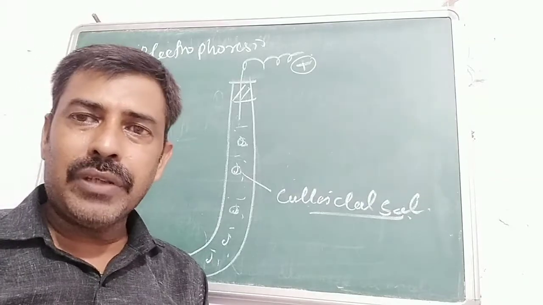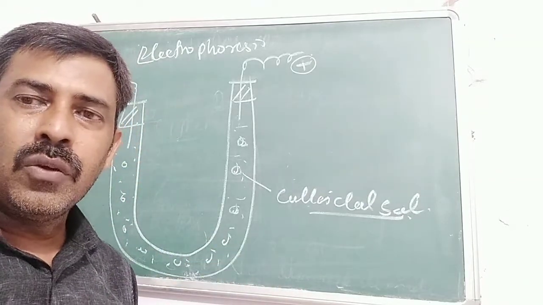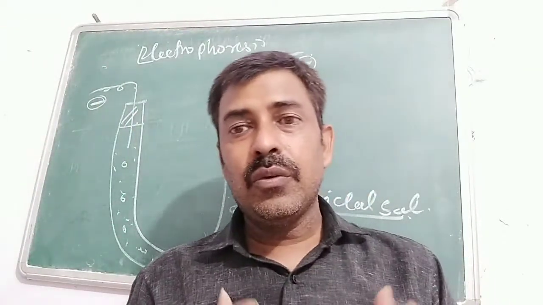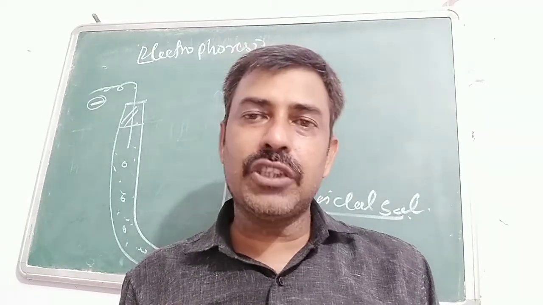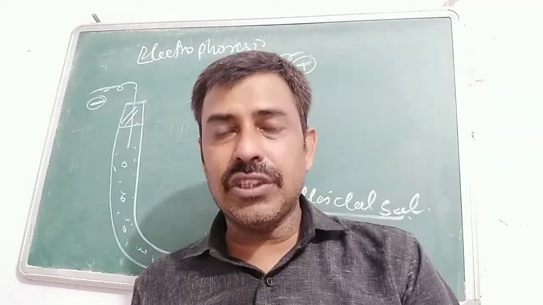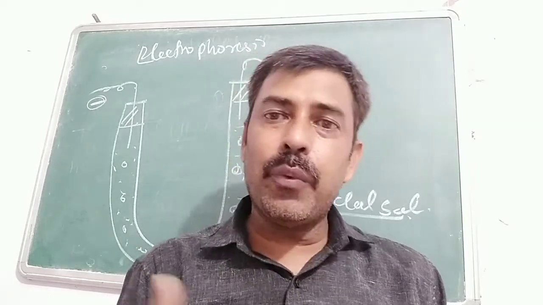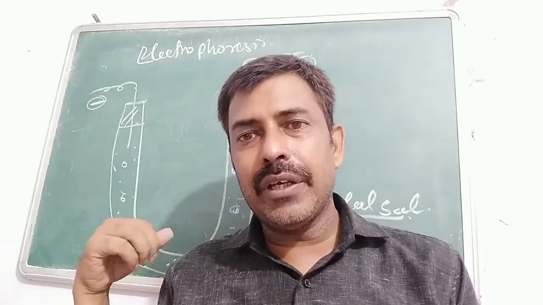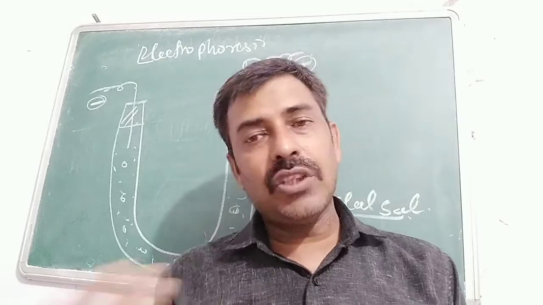What actually happens when you provide the charge? We can see that oppositely charged particles or systems will attract each other. It was taught to you by the lower class teachers, and even in the higher classes the same thing is taught, that opposite charges attract each other. So surely that will happen here. Even sometimes neutral species are attracted by the charged one.